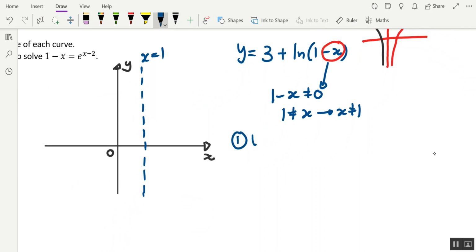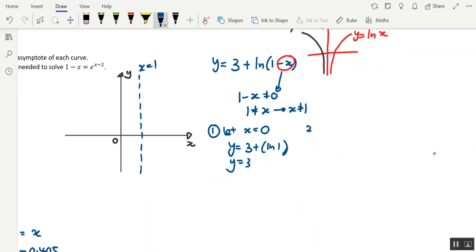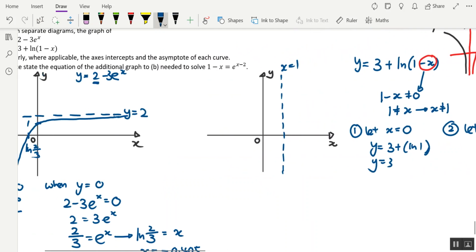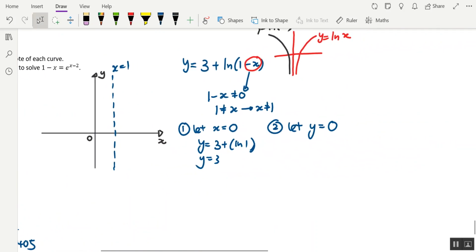Again, just let x equals 0 to find out your y-intercept. y equals 3 plus ln 1. Ln 1 is 0, so y equals 3 is the y-intercept. Next, you let y equals 0, so I have 3 plus ln (1 minus x) equals 0.